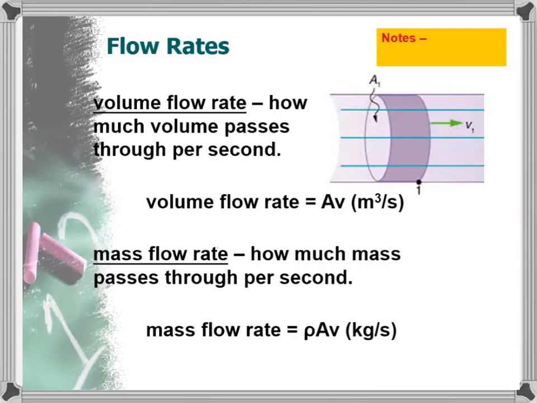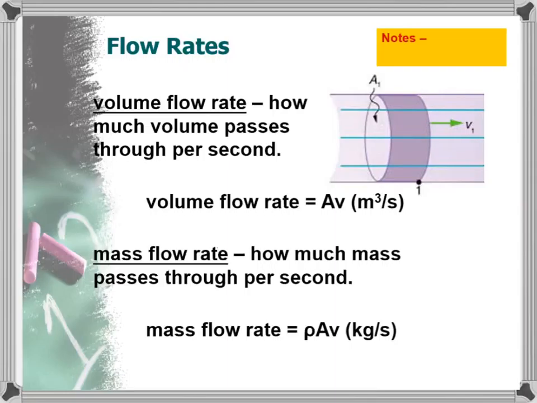Also got to define for you these things called flow rates. And flow rate is, let's talk about volume flow rate first. It's how much volume passes through a cross-section per second. So if I have a cross-sectional area A here, okay, so I cut out this cross-sectional area inside this flow tube, and I want to measure how many cubic meters of gas or fluid have passed through there in a given second.